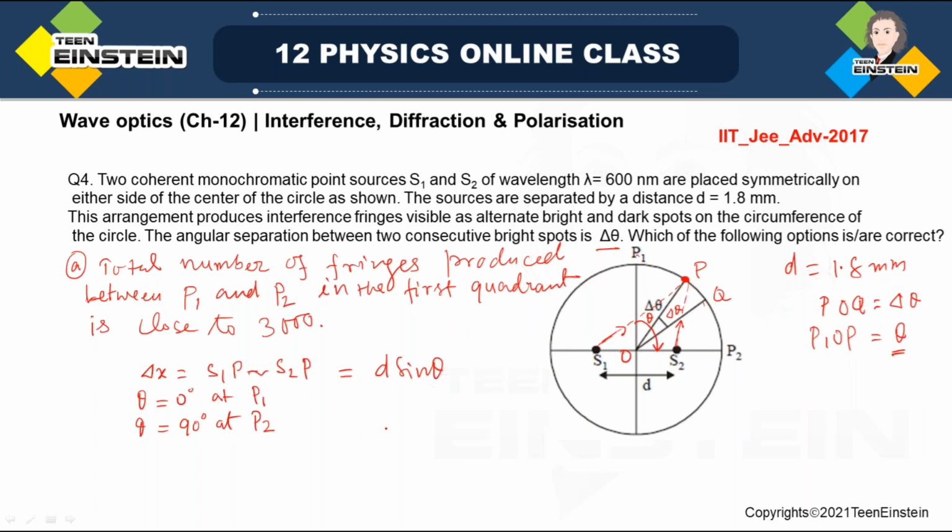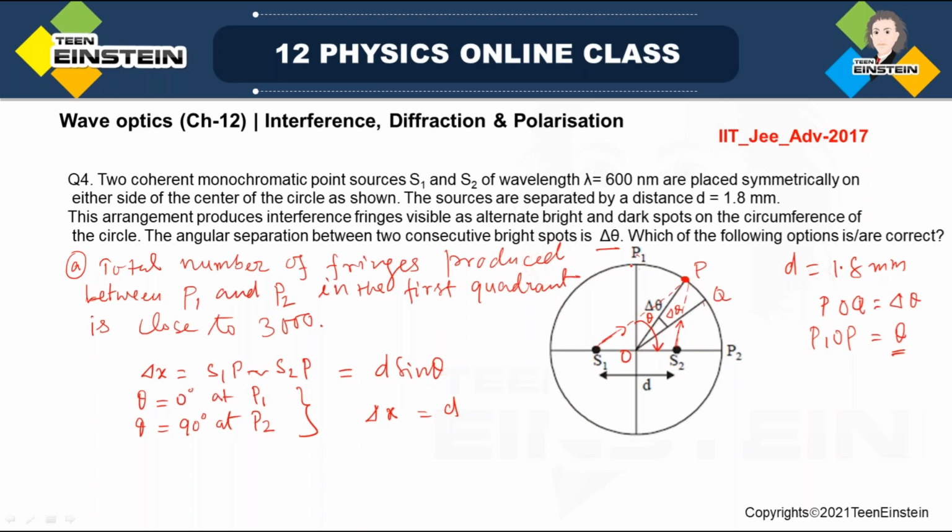Path difference is nothing but d alone, okay. So delta x will be d alone, because theta at this point is 0.